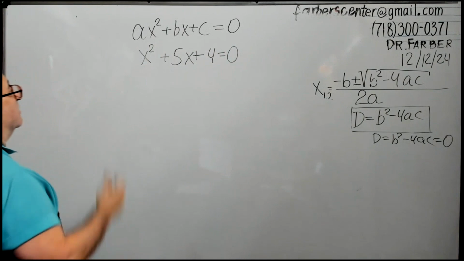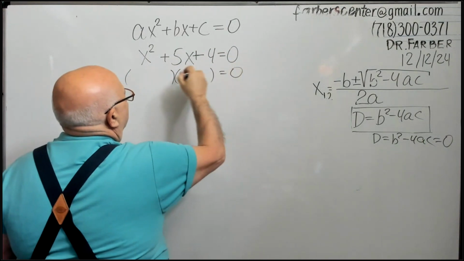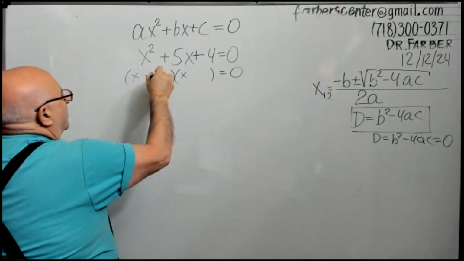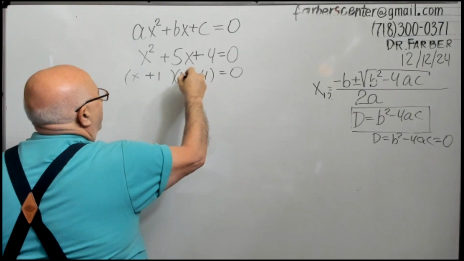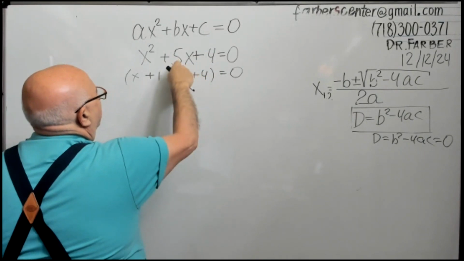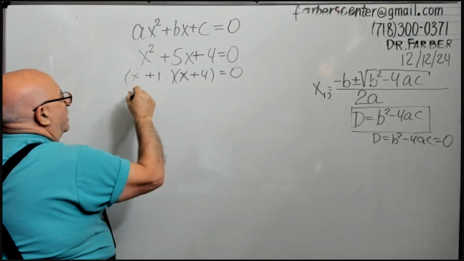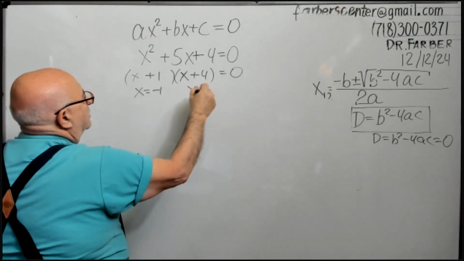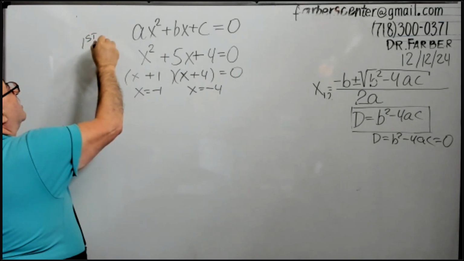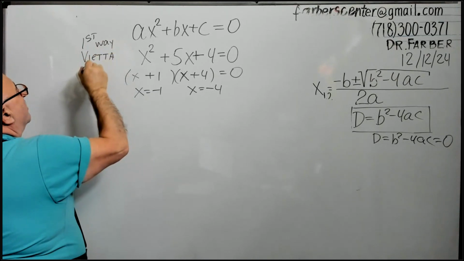So two ways. The first way, factorize by Francois Vieta. Here, 1 and 4, plus 1 plus 4. Why? 1 times 4 is 4. 1 plus 4 is 5. Based on this, a product of two terms equals 0 when either x equals -1 or x equals -4. This is the first way. Vieta's theorem.